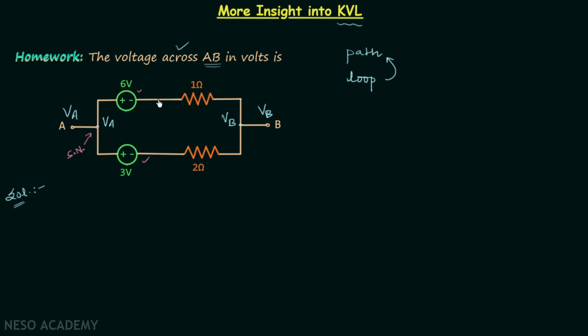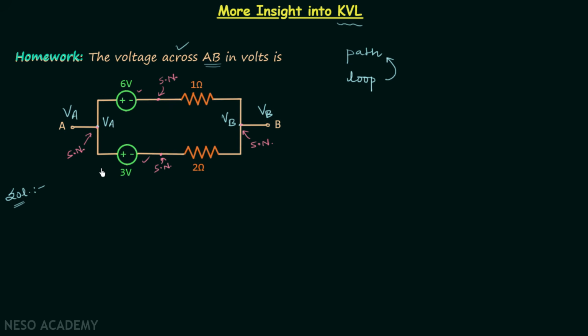Now if we talk about this node here, then again two elements are connected, so this node is also a simple node. This node is also a simple node, and this node here is also a simple node.